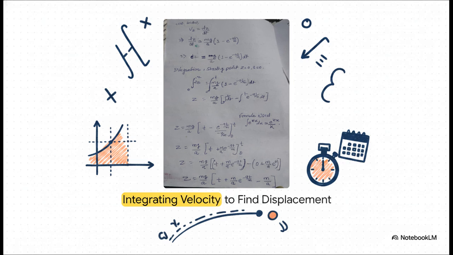We plug in those zero-state starting boundaries. We carefully pull apart the constant terms from the time-dependent ones, and we just apply standard integration rules line by line to trace the exact trajectory. Integrating that exponential term spits out another factor of m over a, bringing us right to our final displacement function. Honestly, seeing it all laid out step by step like this is deeply satisfying, mostly because we know precisely where every single variable came from.